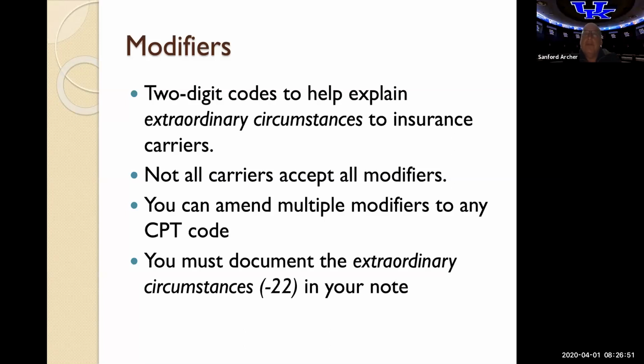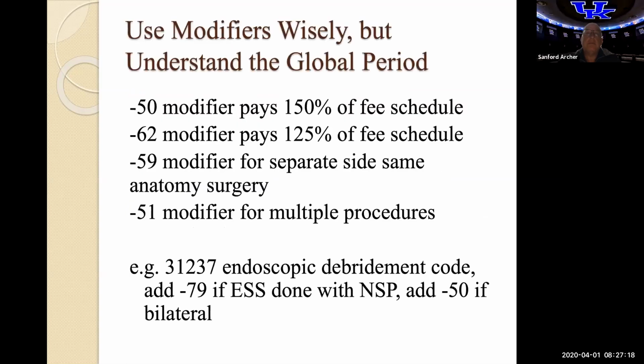On the other hand, if you're doing some procedure like a uvulopalatal rhinoplasty, but you're doing a minimal revision to it and perhaps just a little Z-plasty to the palate, that code may still be appropriate, but you may want to use a reduced services code, which is a 52 modifier, and document that, and you'll have much better chance of getting that approved with a limited description of the services that you provided.